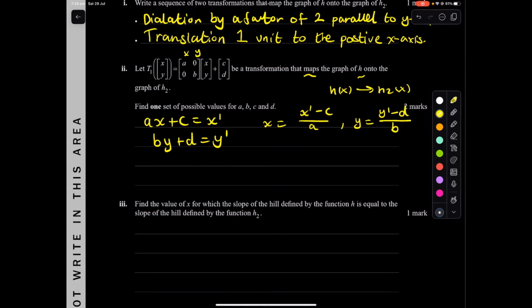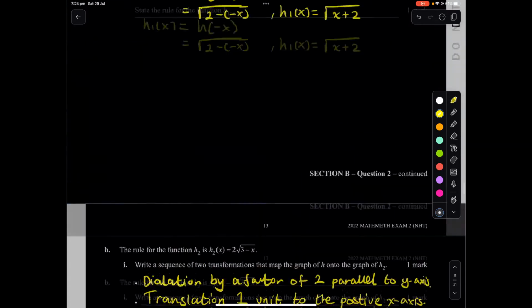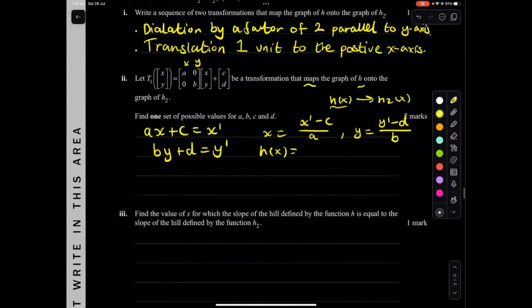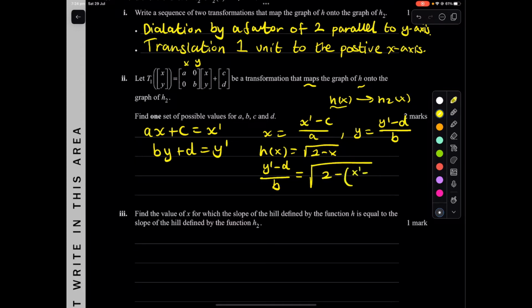Subbing that into h of x, which was root 2 minus x, we're saying that y dash minus d over b is equal to the square root of 2 minus x dash minus c over a.